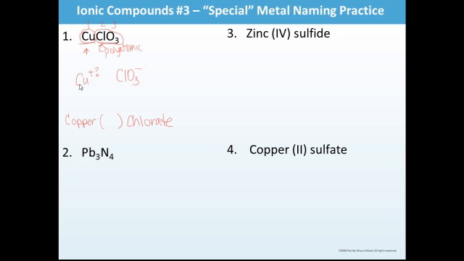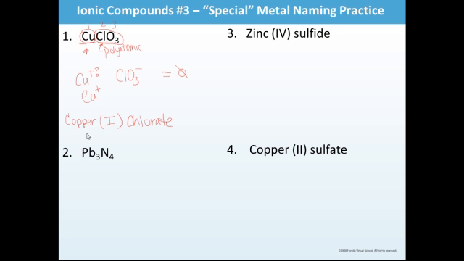So it only took 1 copper ion to balance the chlorate ion to be 0. So if it only took 1 of each ion and chlorate has a -1, copper has to have a +1. Therefore, it has a +1 charge. I put I in Roman numerals, and there we go: copper(I) chlorate.